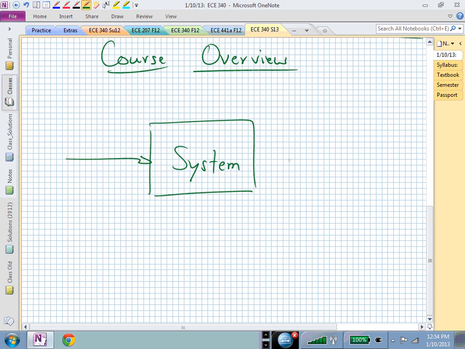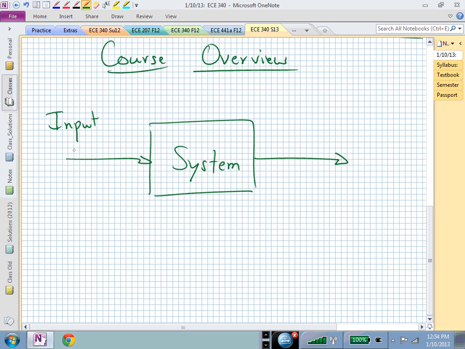If you just remember the title of the course outline, Signals and Systems, you can make this sketch. It's just signals, input signal, output signal, and a system. Pretty easy. But that's really what we're playing with in this particular class.